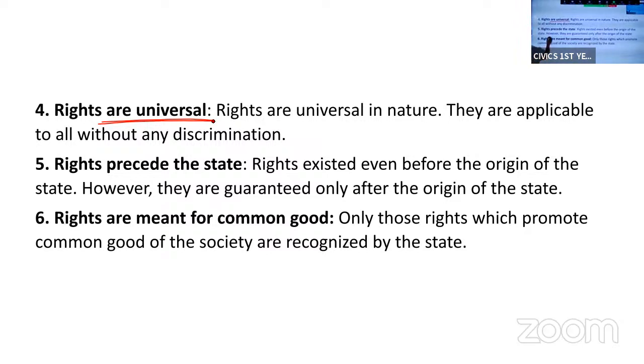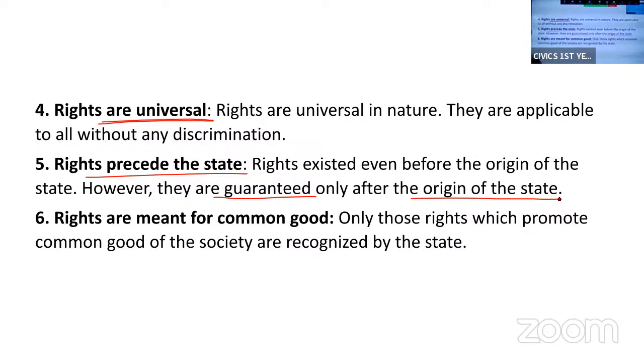Okay, rights precede the state. At the beginning itself, I told you the rights existed even before the formation or origin or establishment of a state. But they are guaranteed, or recognized, only after the establishment of the state. In the first point, we discussed that rights originated in society. So before the formation of the state, societies were formed.